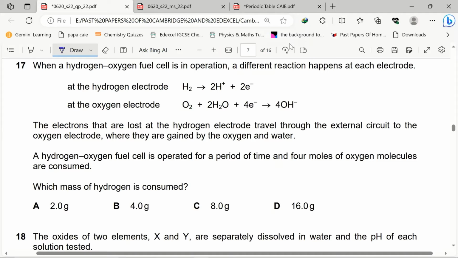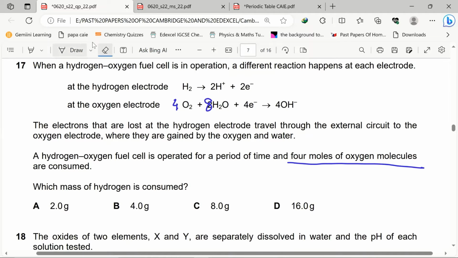So they say 4 moles of oxygen molecules are consumed, right? If we say it's 4 moles, then we need to multiply everything by 4.